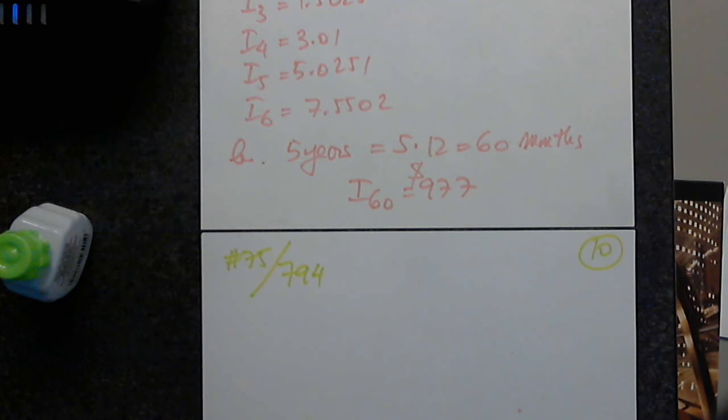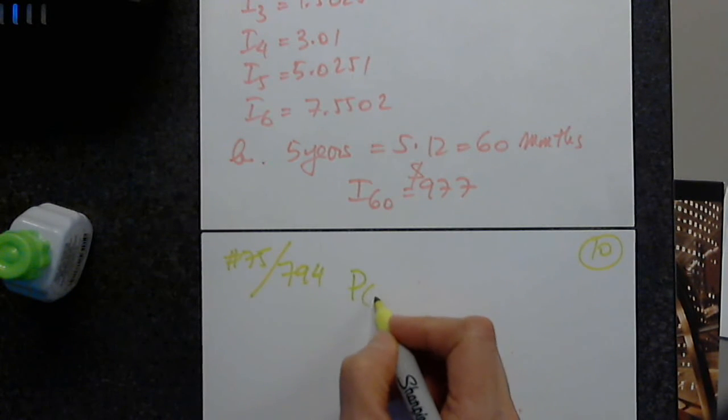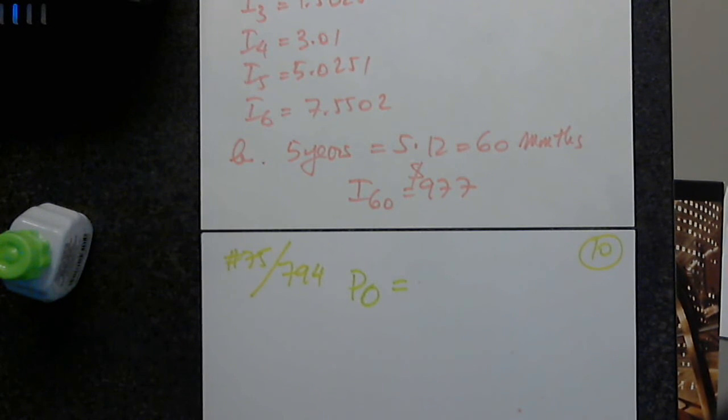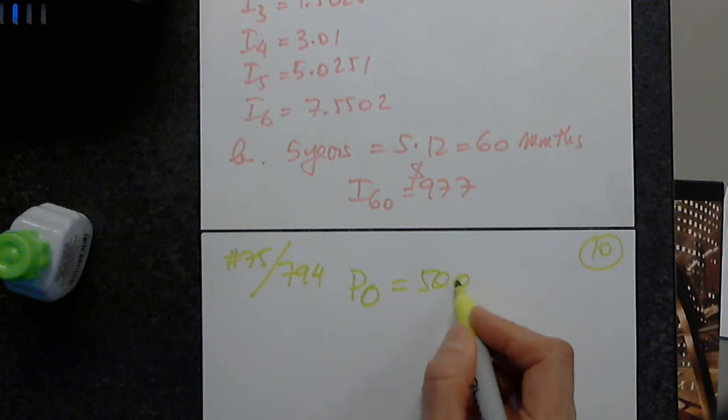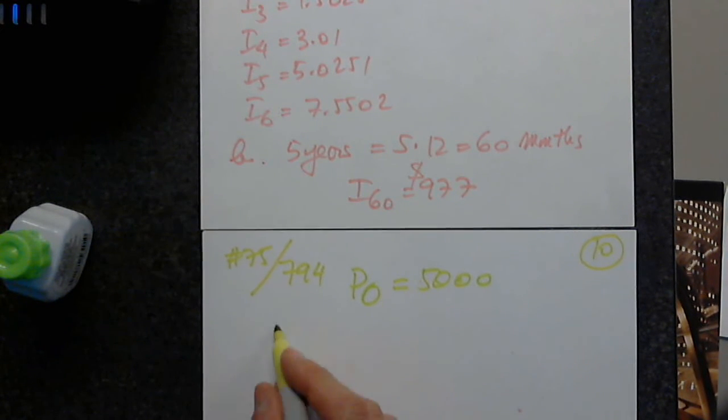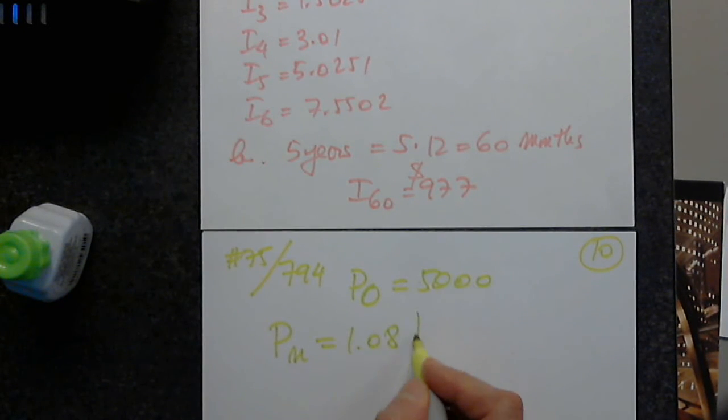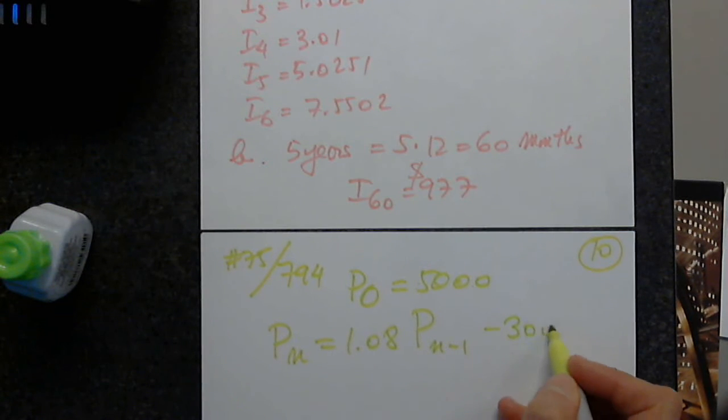The number of catfish increases by 8% per month, and the farmer harvests 300 catfish per month. Show that the catfish population after n months is given recursively by, so we are given P0 is 5,000, and Pn, P sub n, equals 1.08 times P sub n minus 1, minus 300.